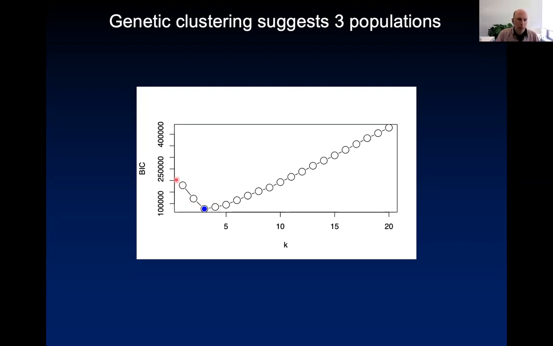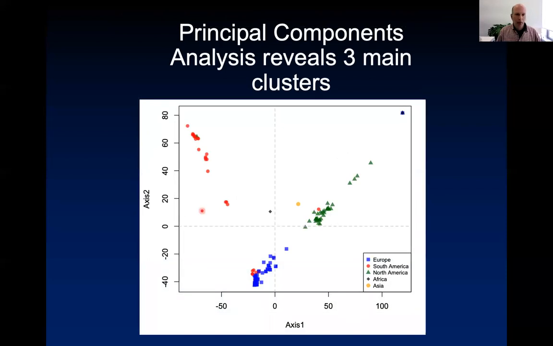For each cluster number, we can measure the fit of that mathematical model to the data with a value called the Bayesian information criterion. What we tried to do is find the number of clusters or populations that minimizes the BIC. And that would be this value here, and that is a value of 3. So this experiment suggests that there are 3 main populations of Colletotrichum graminicula. Here are the results of a principal components analysis.